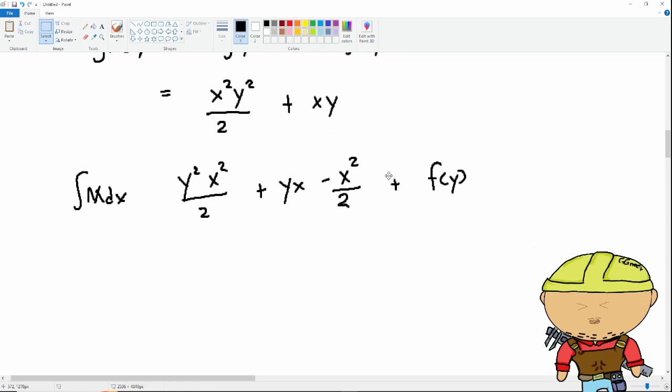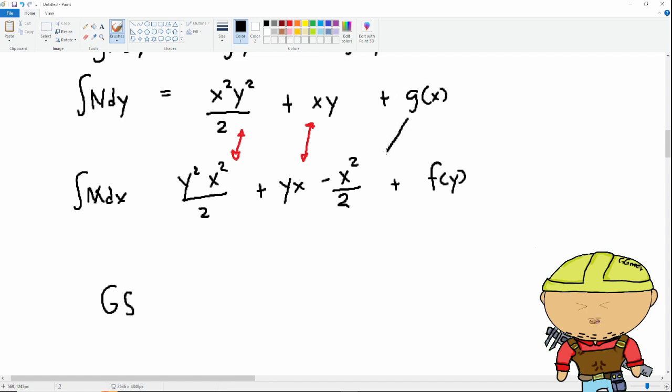Take note, mdx and ndy have common terms. So when we integrate mdx and ndy, we take note of the common terms. Basically, they are the terms that contain both x and y. The g of x will be compared to the term that only has x on the opposite side, while the f of y will be compared to the term that only has y on the opposite side.